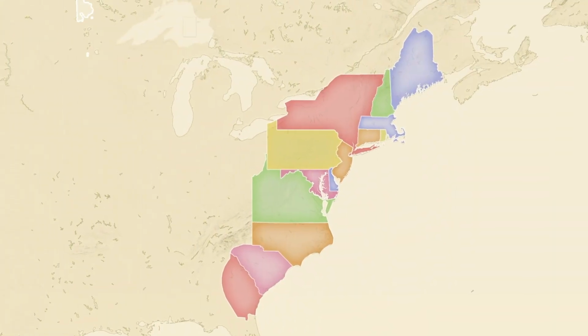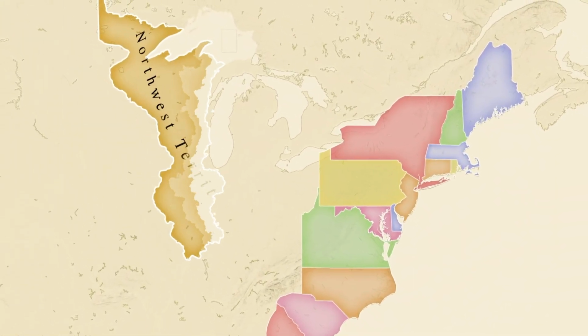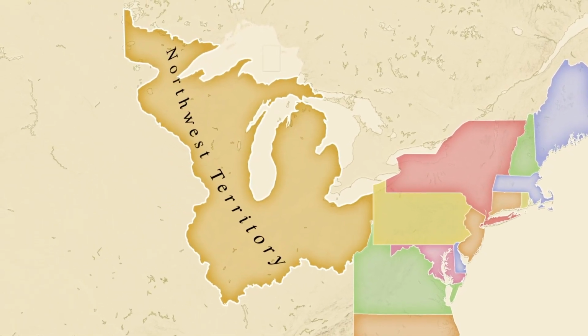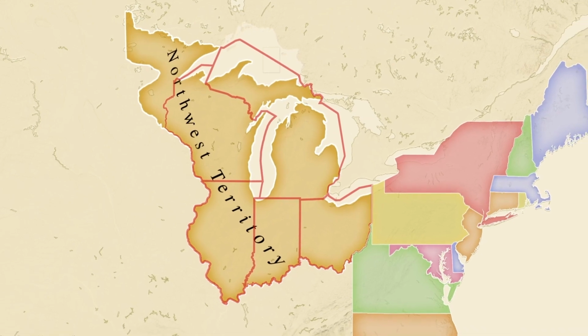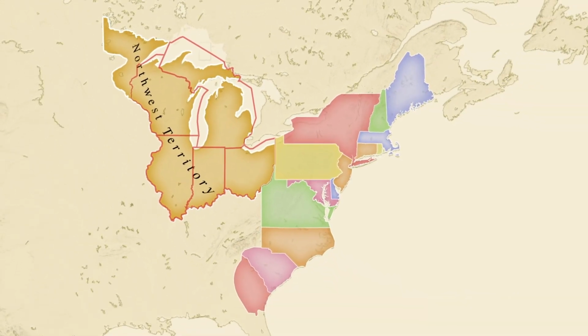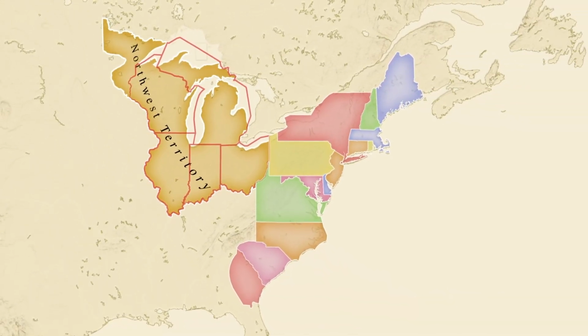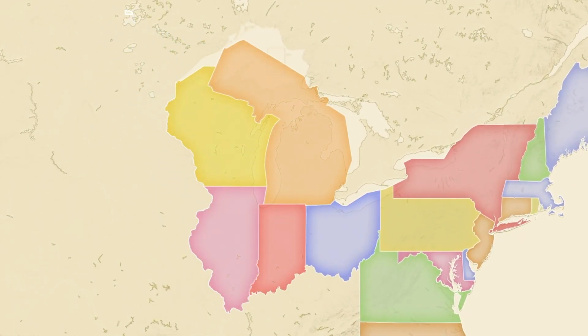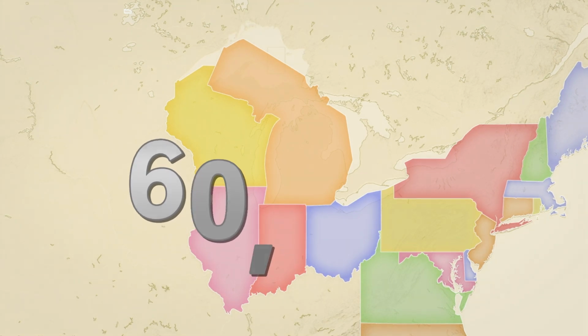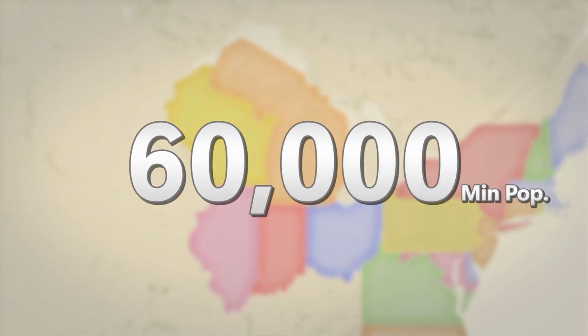First, in the new Northwest Territory, there would be at least 3, but a maximum of 5 states from this new territory, as to not diminish the original 13 colonies' power. Next, these territories could be added to the Union as states, once it reaches a minimum population of 60,000 people.